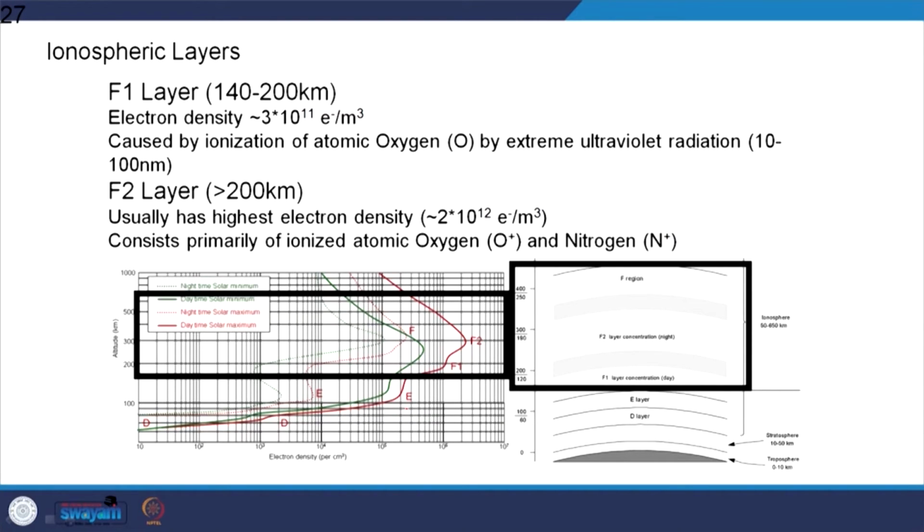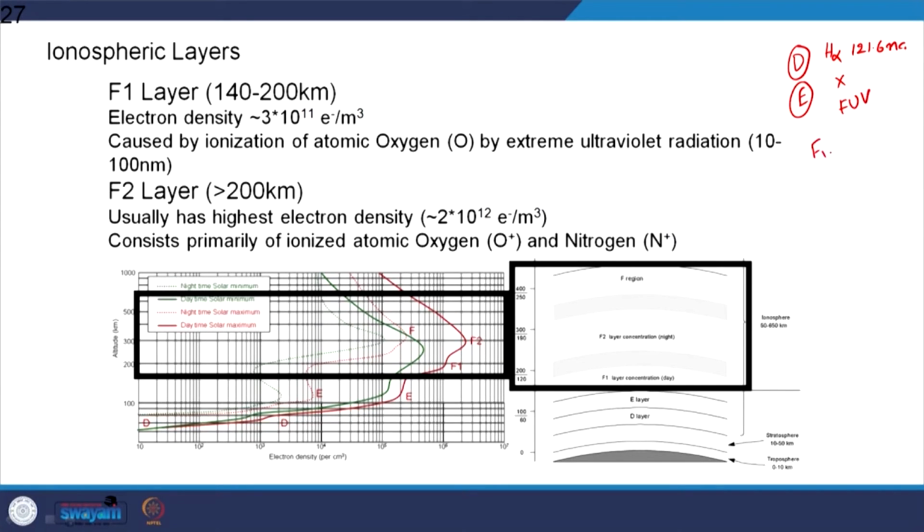Now if you consider the solar spectrum, we are able to get different parts of the solar spectrum ionizing the atmosphere at different altitudes. Just to remember, it was the hydrogen Lyman alpha at 121.6 nanometers which causes ionization in the D layer, and in the E layer it was the X-rays and far ultraviolet.